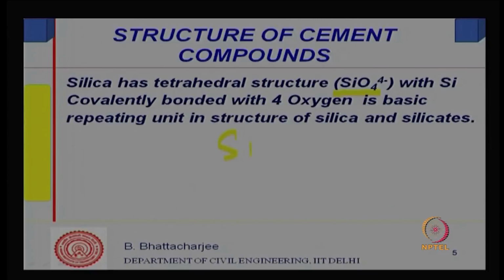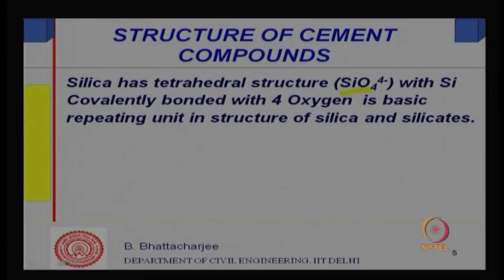Silica is SiO2, we know that. So, this has a tetrahedral structure with SiO4, right, and Si covalently bonded with 4 oxygen. This is the basic repeating unit in the structure of silica and silicate. So, that is the fundamental. Now, you know, cement is calcium silicate, tricalcium silicate and dicalcium silicate, etcetera, we have seen. It is also aluminate.